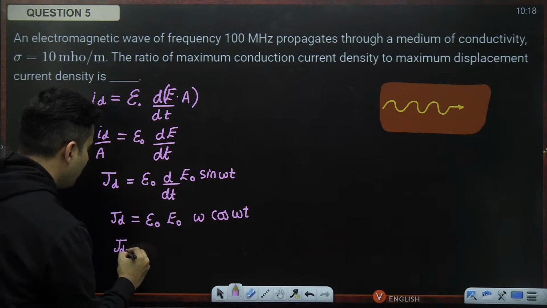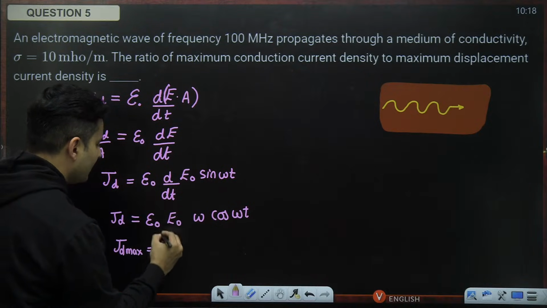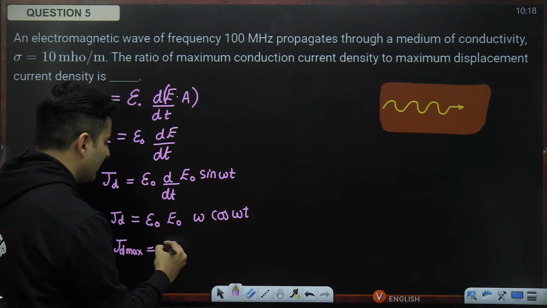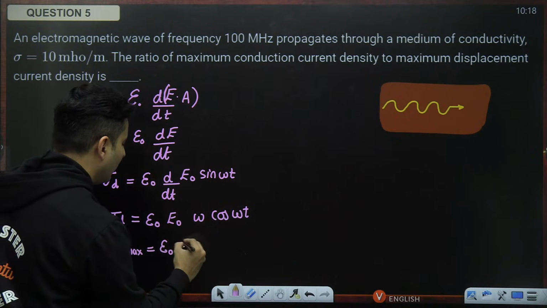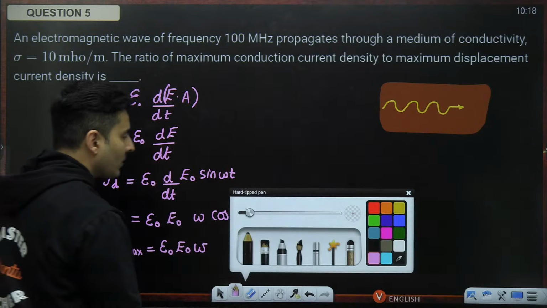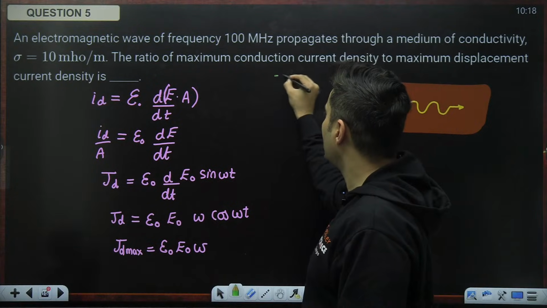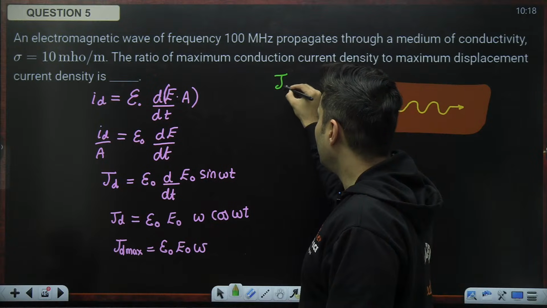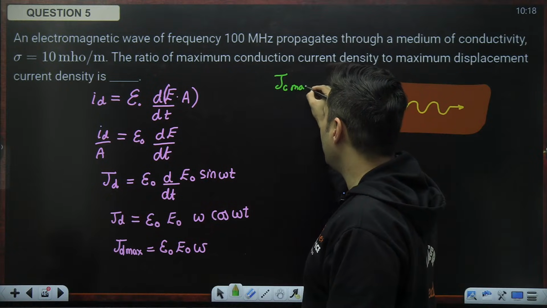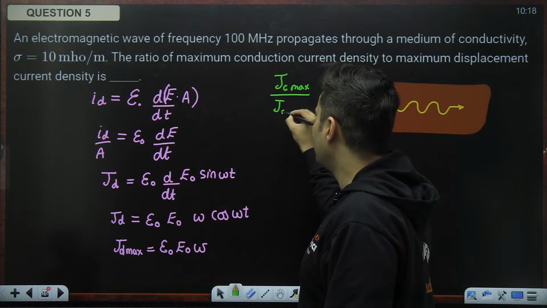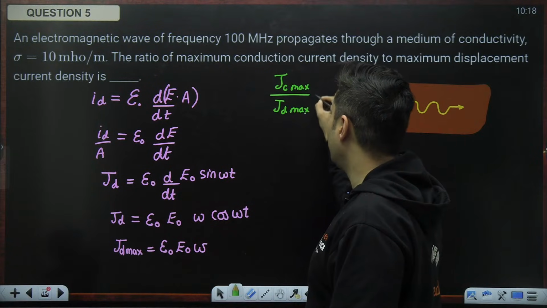But we want J_D max. That will be only this term because cos's maximum value is 1. So epsilon naught E naught into omega. Now comes the final question, which asks me the ratio of these two things: the conduction current maximum density divided by the displacement current maximum density.